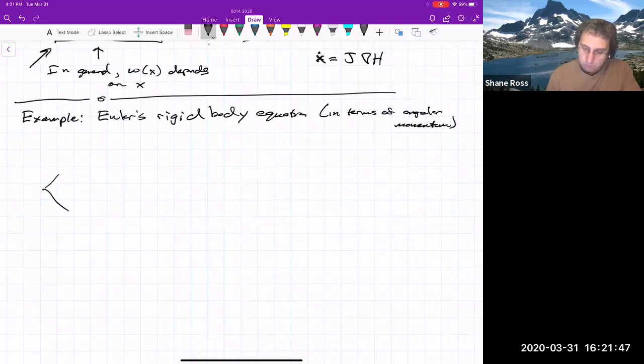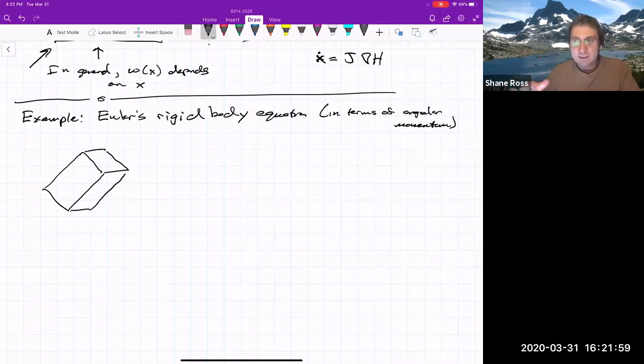So rigid bodies, if you took intermediate dynamics, you saw me draw my little box that represents a rigid body, like an eraser, which, since I'm not on a chalkboard, I don't have.